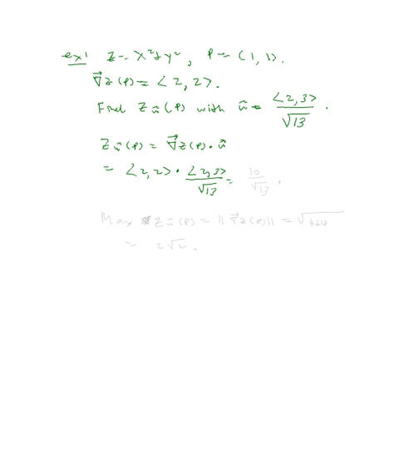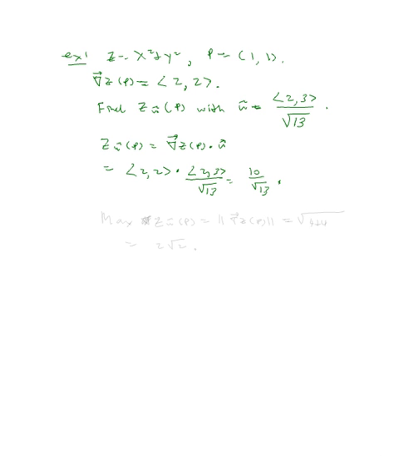Which is going to give us 4 over square root of 13 plus 6 over square root of 13, which gives us 10 over square root of 13. Okay, so this is the instantaneous rate of change of z equals x squared plus y squared at (1, 1) with respect to distance moved in the direction of this given unit vector.